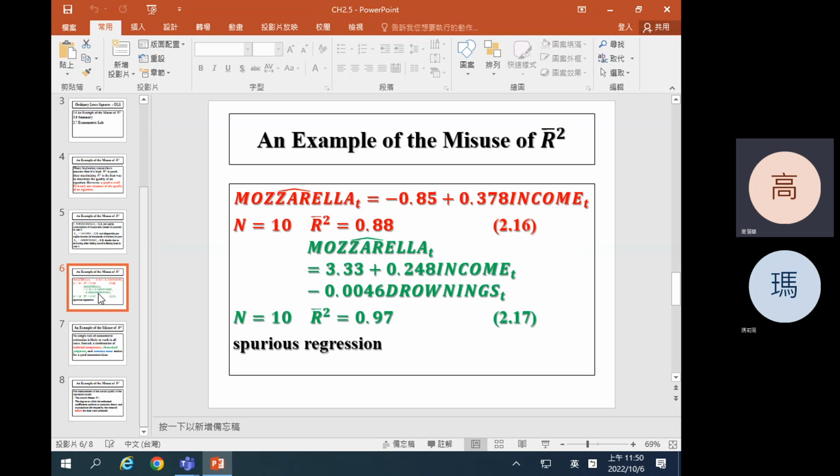But whatever example we use in this class, we always assume that we already checked with the theory, and the theory told us what we have to do with the X variables, and that in order to do these studies, I have to collect this Y variable and these X variables.